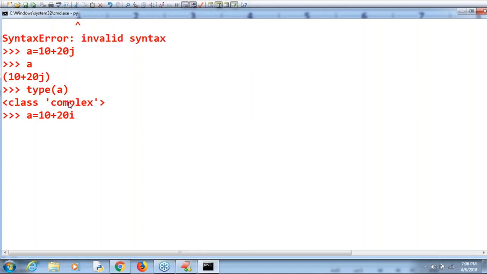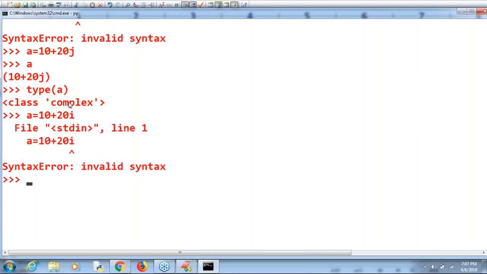This one is perfectly invalid. Remember this. Immediately you get an error by default: syntax error, invalid syntax. The symbol j is always the fixed symbol for complex numbers.